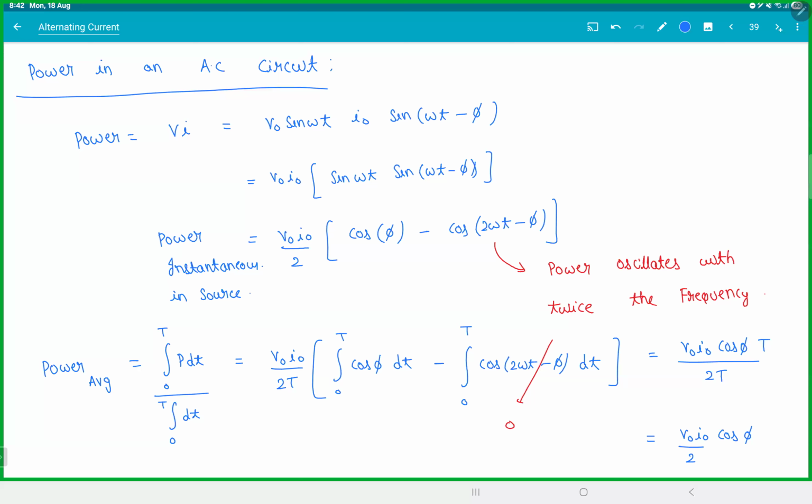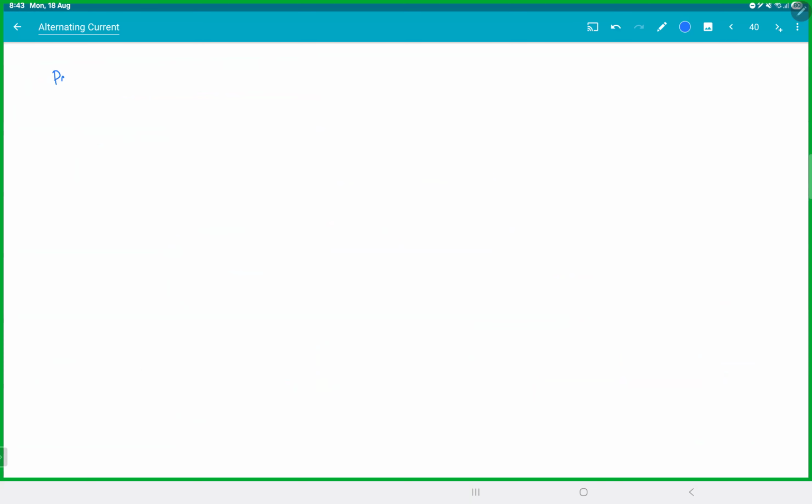Clear with this? So let me put this in a more usable form. Next thing, the average power is V naught I naught cos phi by 2.